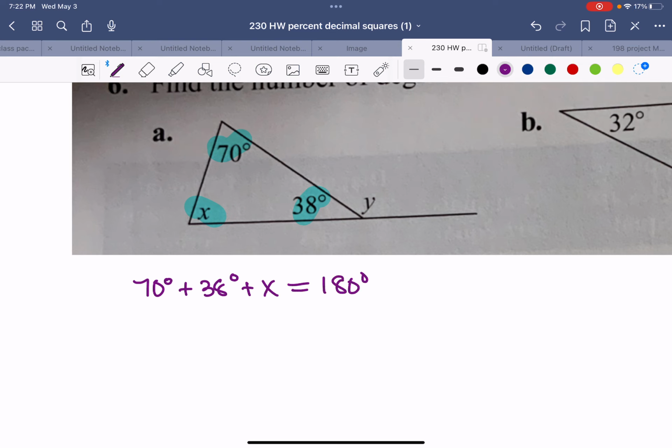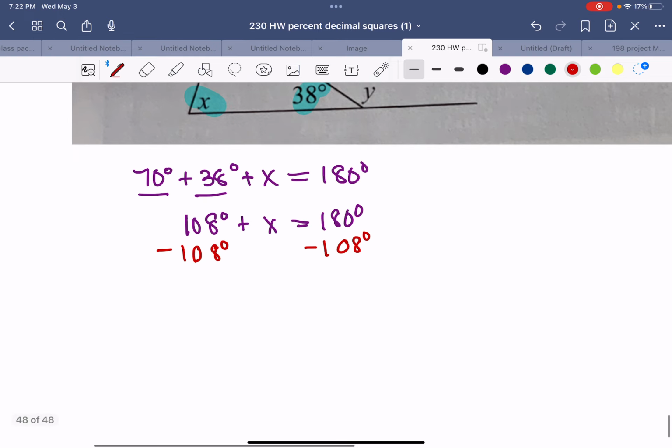In order to solve this, then I'm going to combine my like terms. So I'm going to put my 70 and my 38 together, and that's 108 degrees plus X equals 180 degrees. And then I'm going to subtract that 108 from both sides. So I'm essentially doing a little algebra problem here. So if we do that, we end up that X has to be 72 degrees.